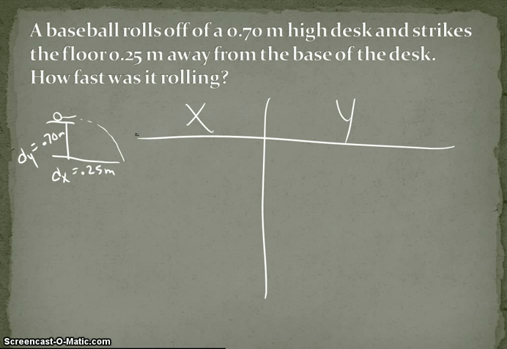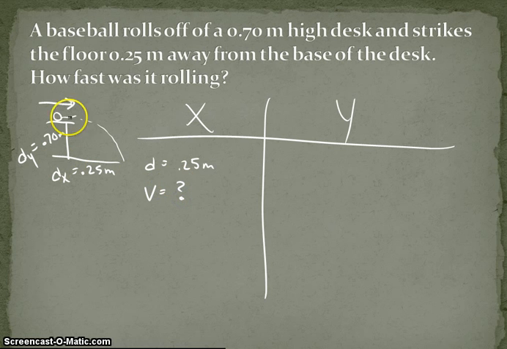So I know that when I'm looking at this picture that I just drew, I have a distance, it's 0.25 meters, and that's in the x direction. And what I'm looking for is the velocity where it left the table, and that's a velocity in the x direction, because you can see we're going in the x direction. So I'm looking for this velocity.